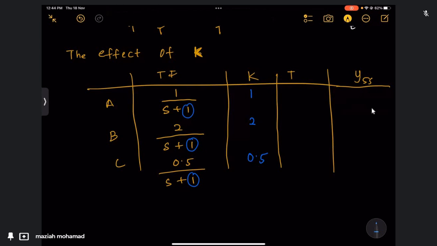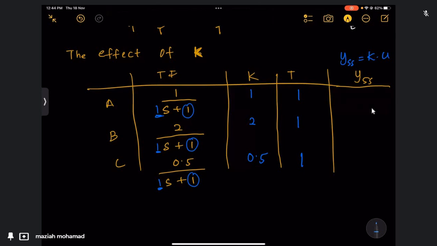As for the time constant, it's all 1 here. So this is 1, this is 1, this is 1. By knowing the K, we'll be able to calculate the Y steady state or Y final. The input is a unit step input, 1.